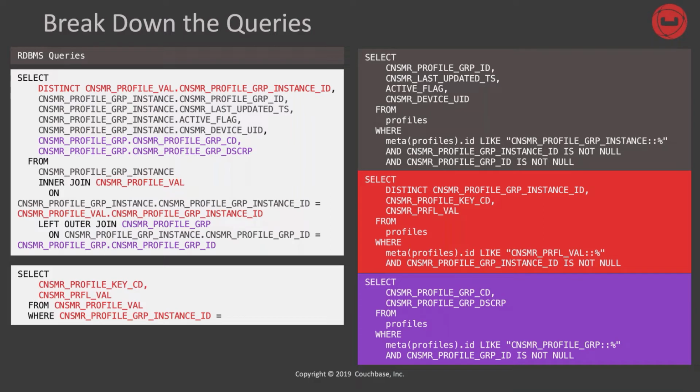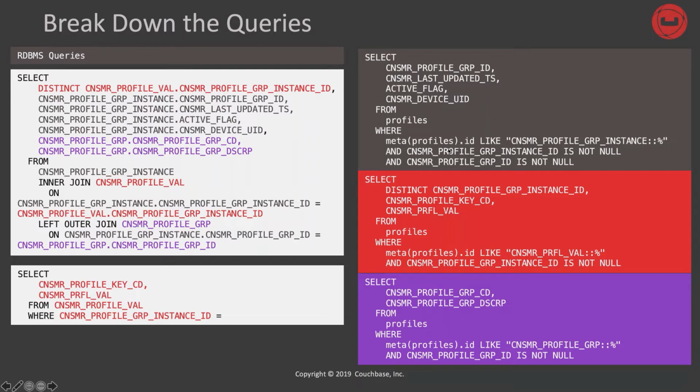So I have to go there, and then I have to filter for the document type that I'm interested in. This META().id is a function for getting the metadata and getting the ID, and then filtering that based on its prefix. So consumer profile group instance is the one here that I want to filter for.